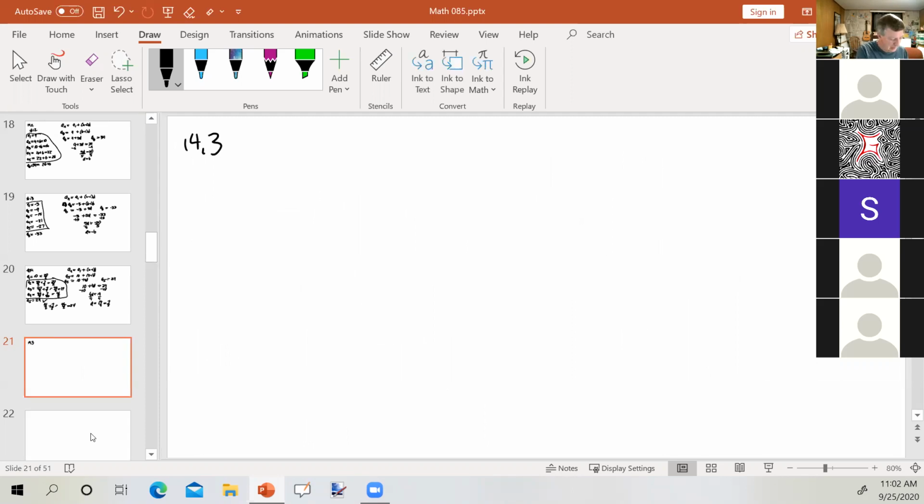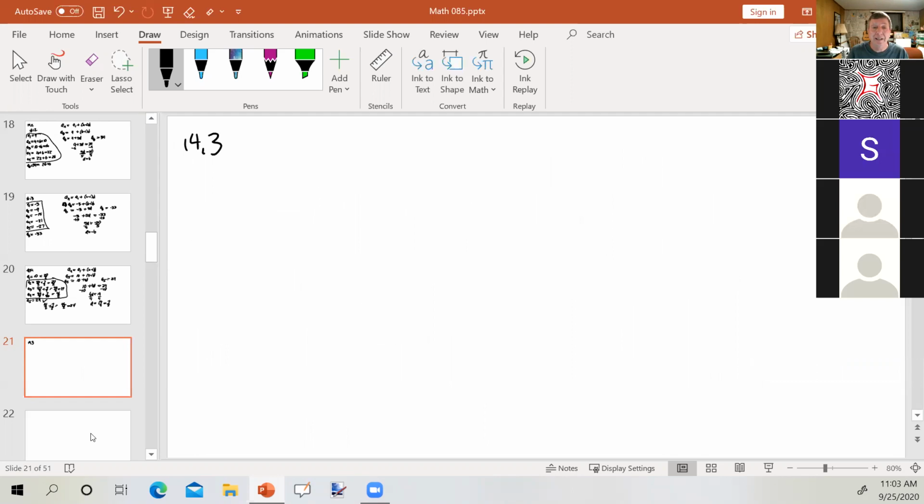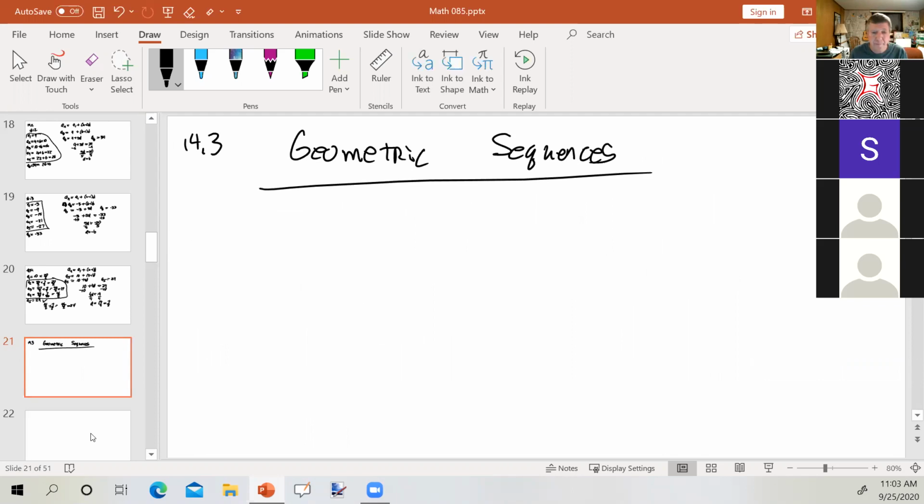14.3. Okay. And that is going to talk about geometric sequences. Now, whereas with arithmetic sequences, you start with a number, the first term, and then you add what is called the common difference to each term to get the next consecutive term.